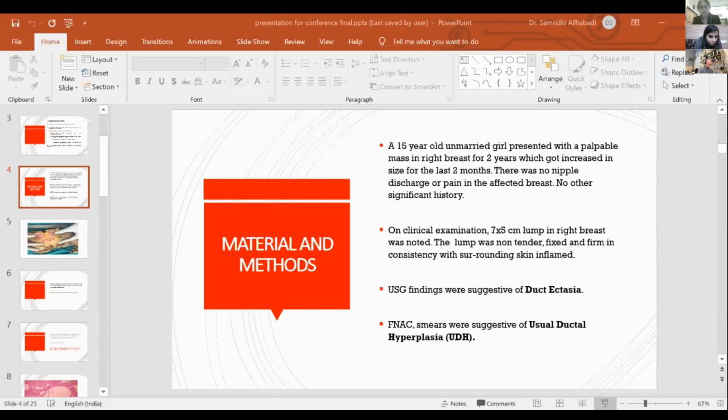Kindly check your chat box also. Is it visible now? Yeah, you are on slide number 4, Material and Methods. Yeah, right, so come on, proceed with this. Now we can see. Please click on the slides and move around. This is fine now? Yeah, this is fine. You just show.